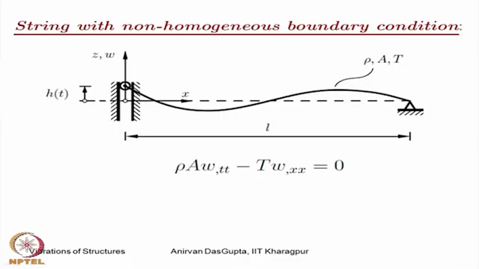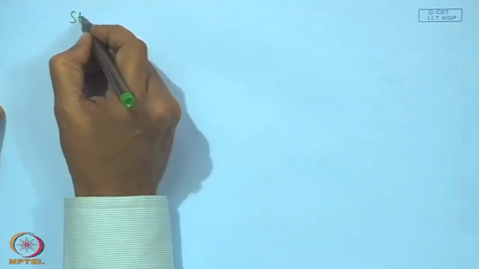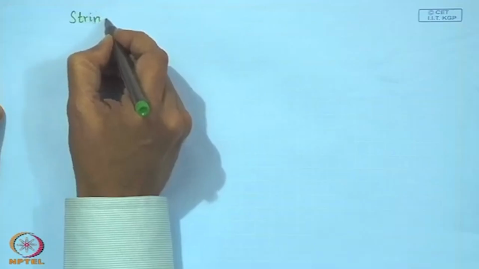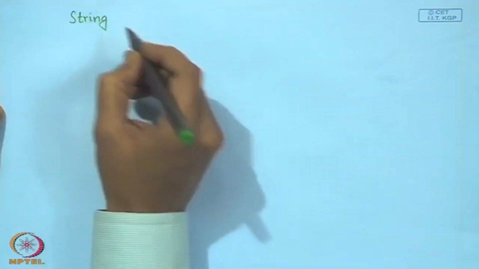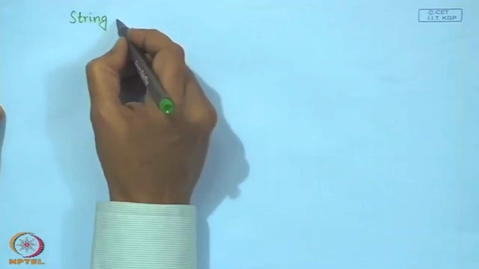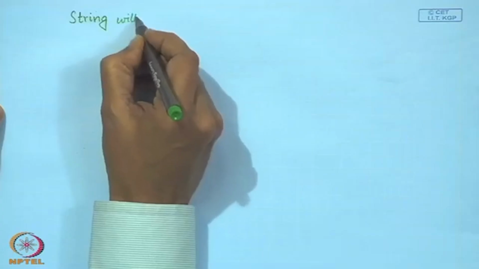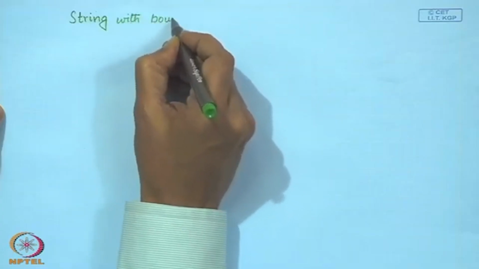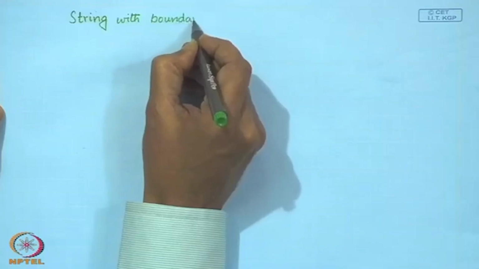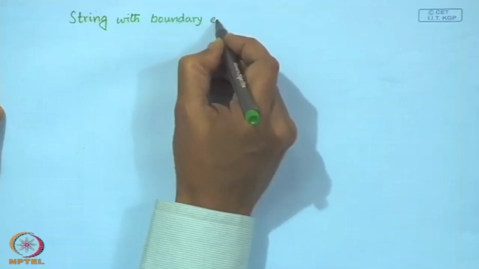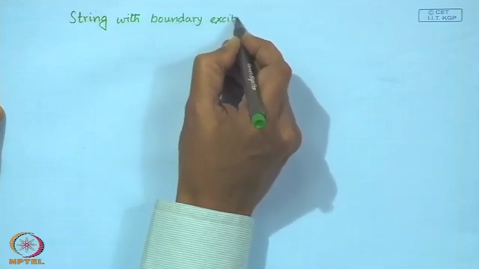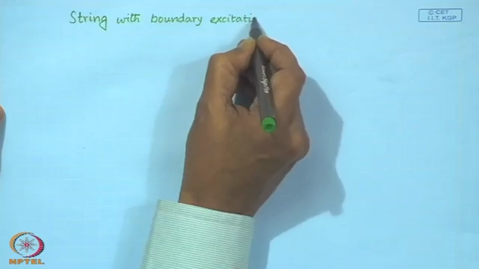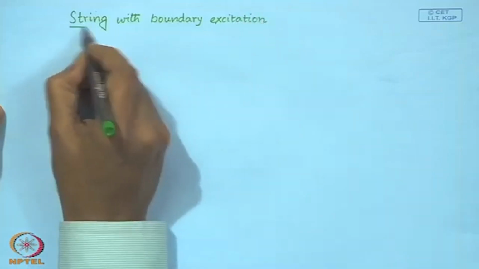Next, let us look at an example of a string with boundary excitation.